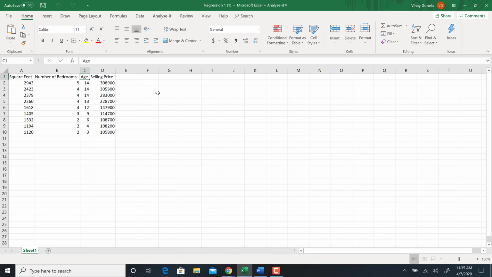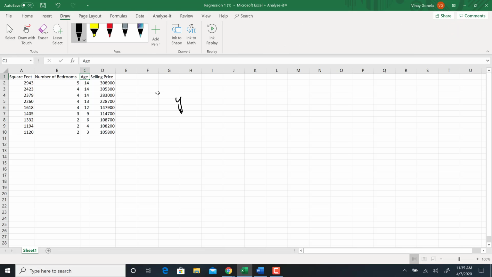So we are trying to form a regression equation, a multiple linear regression equation, where y hat is equal to beta naught plus beta 1 x1 plus beta 2 x2 plus beta 3 x3. If you see in this, y hat will be our dependent variable.